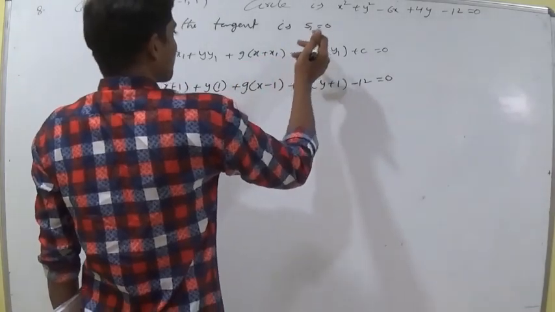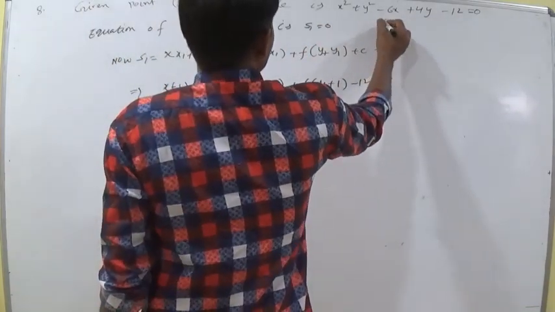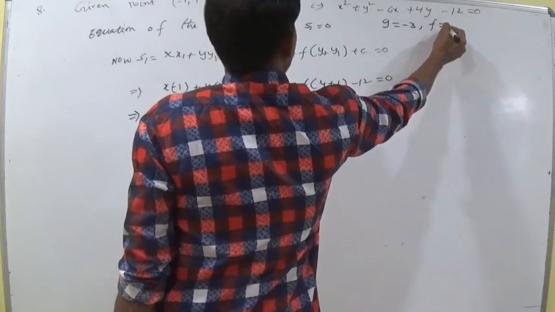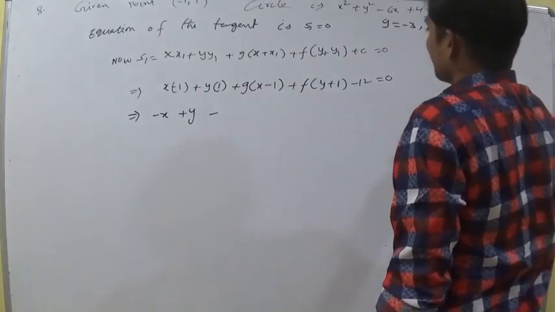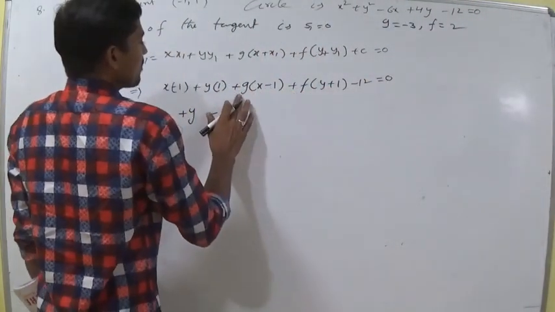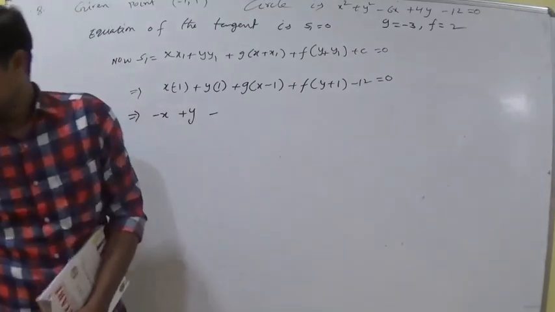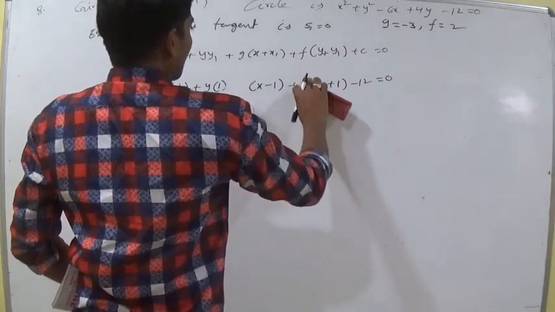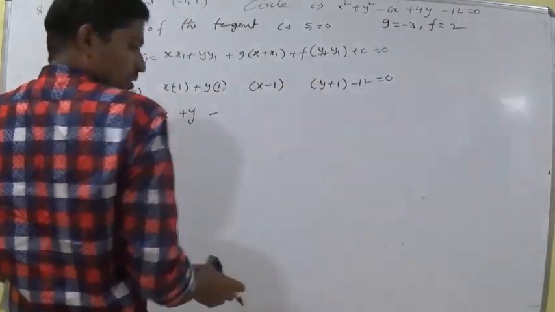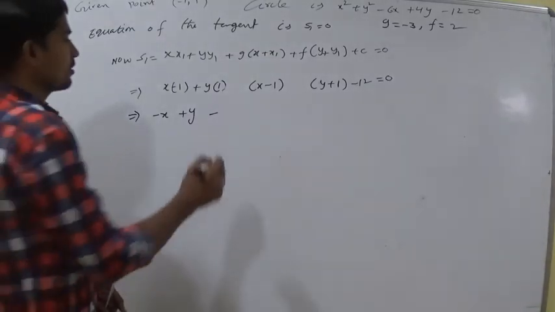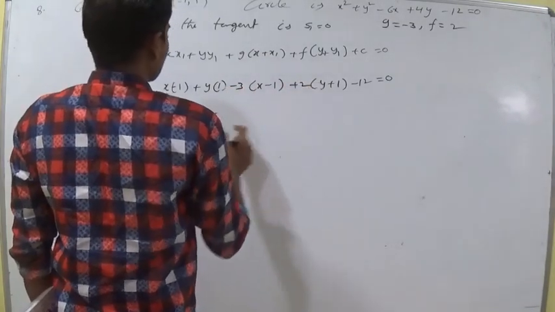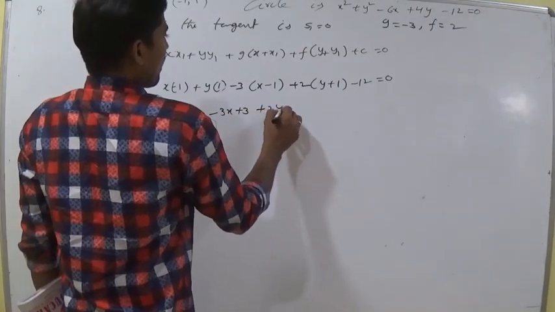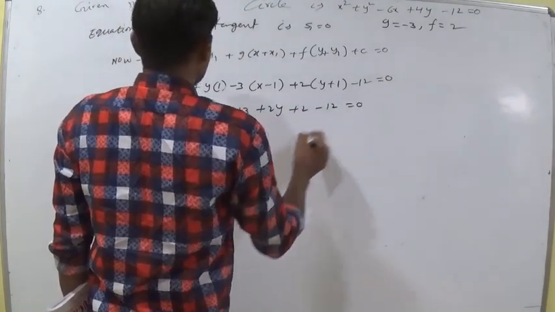We also have to find the values of g and f at the same time. g equals -3 and f equals 2. So substitute the values: -x + y - 3(x - 1) + 2(y + 1) - 12 = 0.